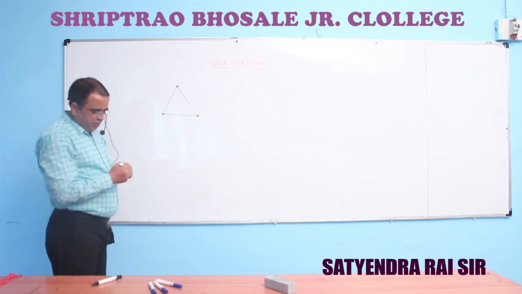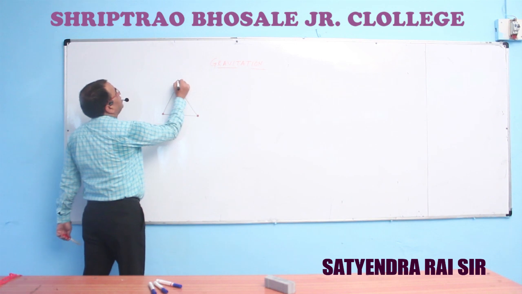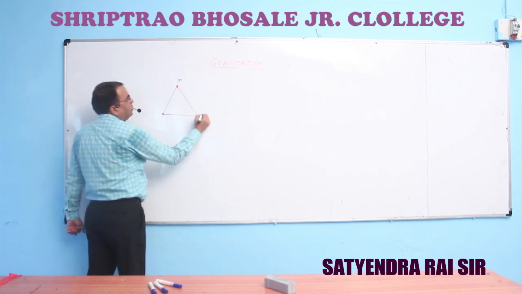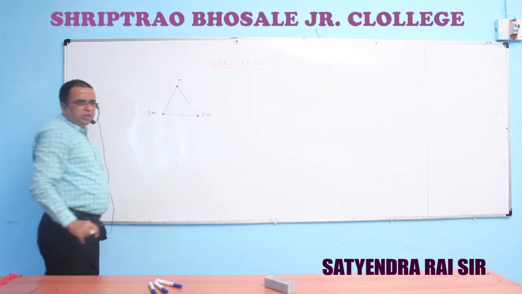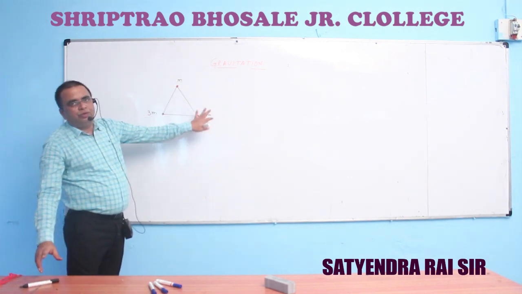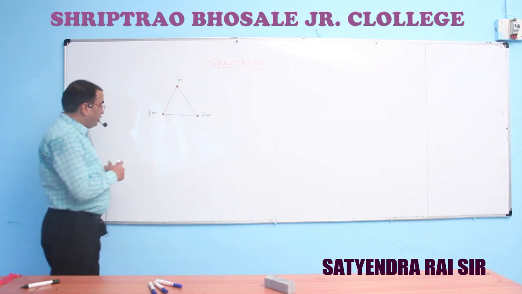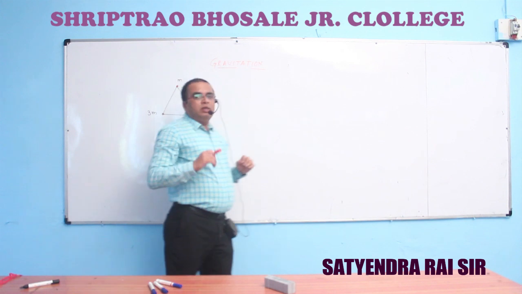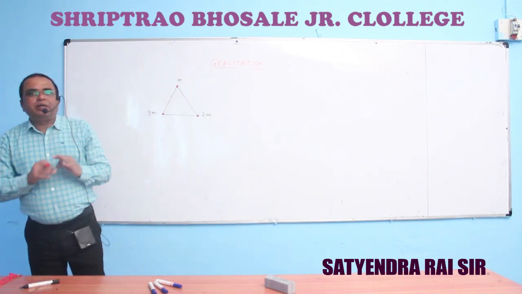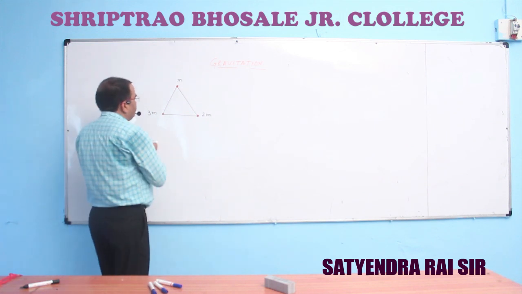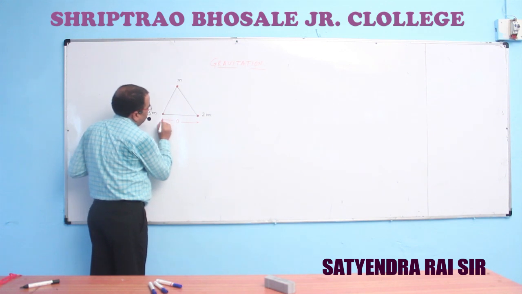These particles have masses m, twice m, and thrice m, and they are placed on the 3 vertices of an equilateral triangle of each side of length a.